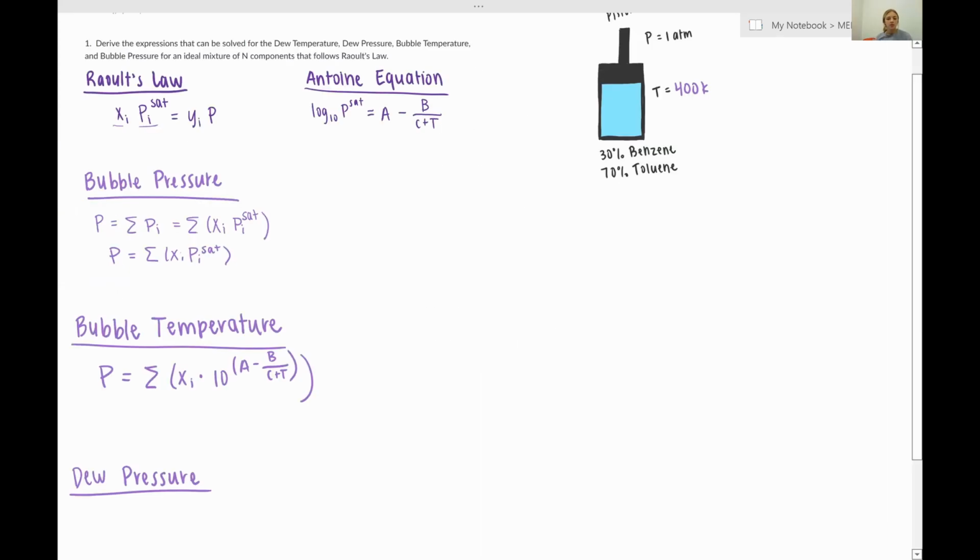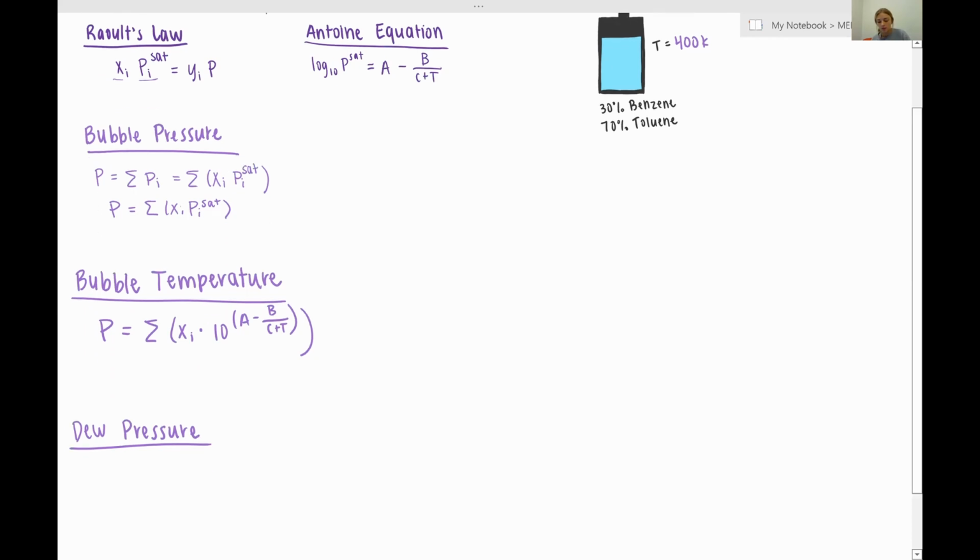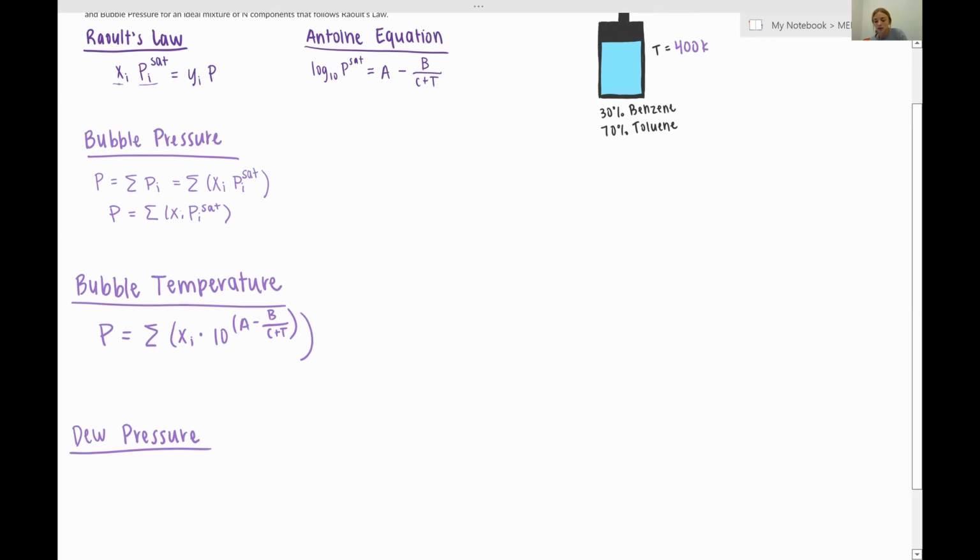So again, we're still going to be using Raoult's law to come up with our equation. Because the sum of our mole fractions is equal to 1 when the first drop of liquid is formed, we are going to want to solve Raoult's law for the mole fraction in the liquid phase, which is for our xi component. So if we were to rewrite this, it would give us xi, the mole fraction in the liquid phase, is equal to the mole fraction in the vapor phase times the total pressure divided by our pure saturation pressure of the vapor.